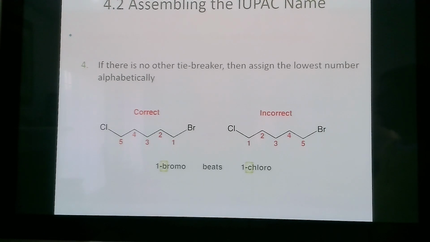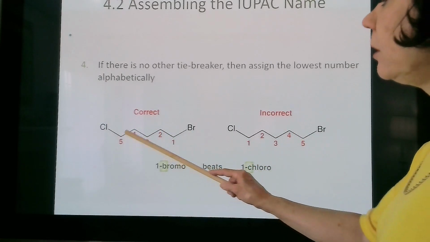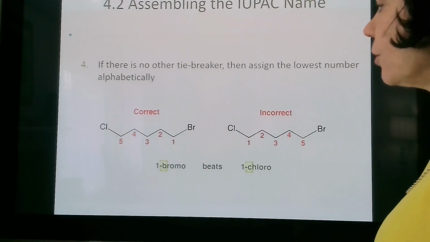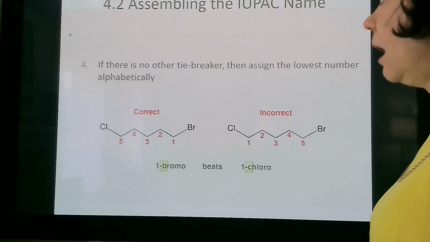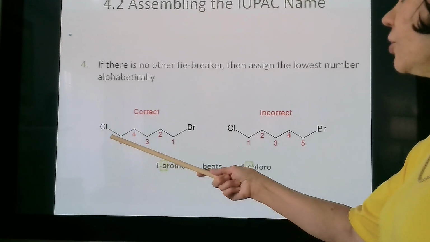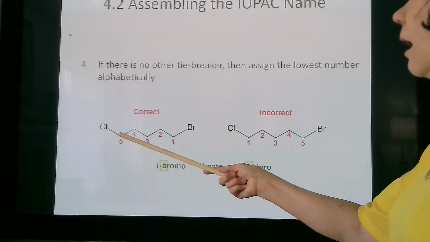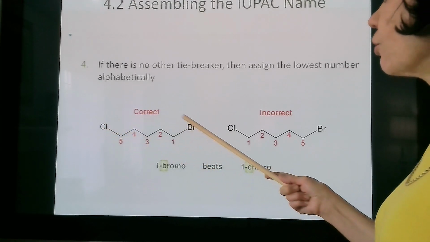Okay, what if the 2 substituents would have equally low numbers and there's no other way to differentiate? Then you simply use alphabetization. So chlorine comes after bromine.